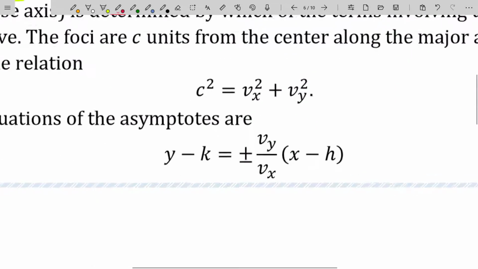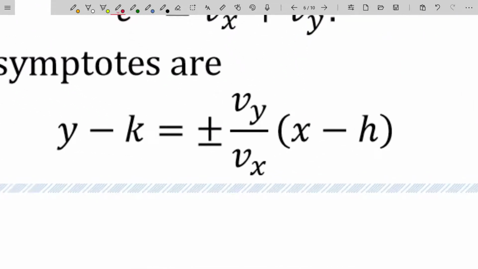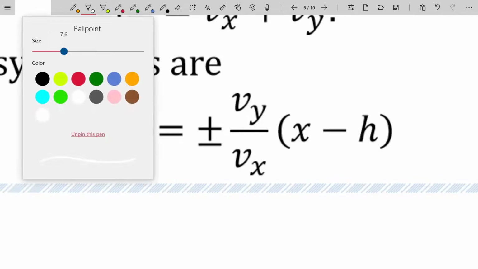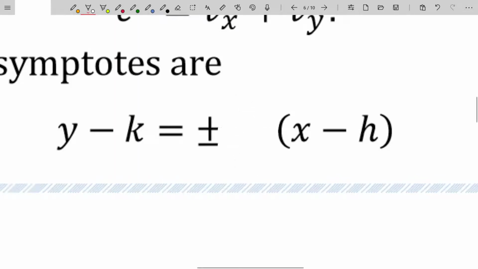Another cool way to remember this is that this is the equation of a line, and when you have the equation of a line, this piece right here is actually playing the role of the slope. And we know slope is rise over run, change in y over change in x.